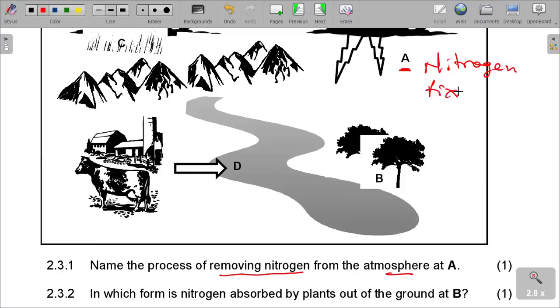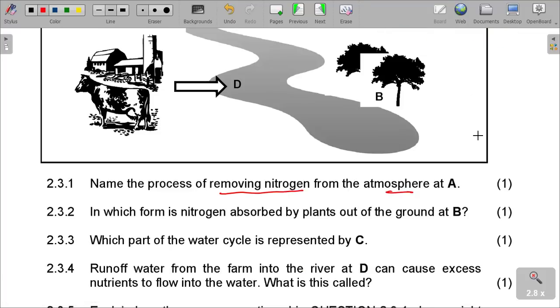This is called nitrogen fixation, class. Nitrogen fixation at A: as the lightning is taking place there, it is actually fixing the nitrogen in the atmosphere into the soil.